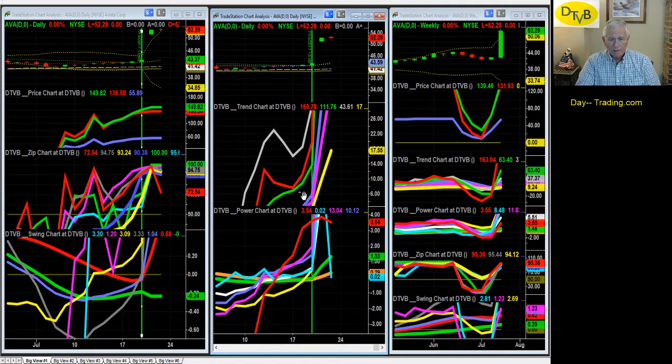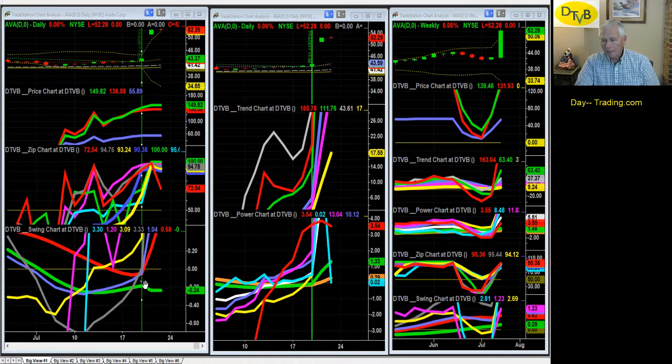Now, in this particular situation, Zip Green is at 71. Swing Blue is above Swing Red, back down in here, which means the start of an uptrend. Remember, Swing Blue is our crossover indicator. When Swing Blue crosses over red, you're starting an uptrend. Swing Blue right here is at minus 0.05, and Swing Red is at minus 0.05.